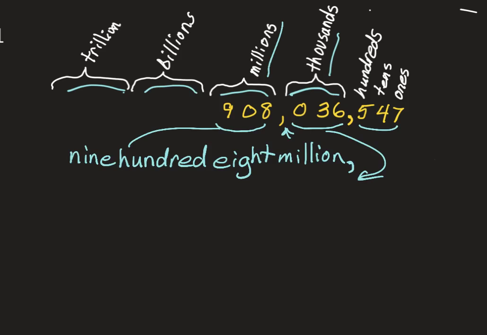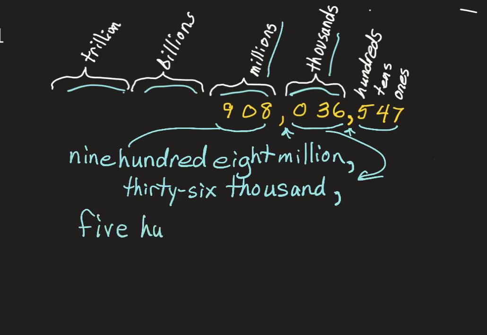There's nothing in the hundreds, so that's just 36,000. And another comma for that one. And then the last 3 digits are 547. So the entire number is read 908,036,547. We continue that pattern to infinity.